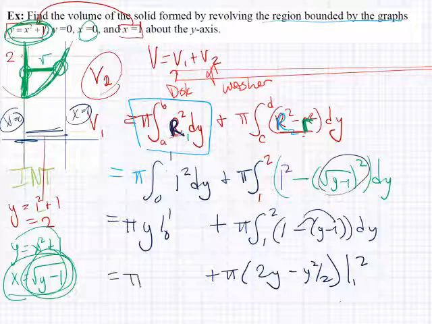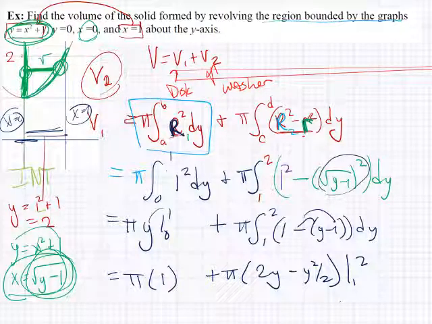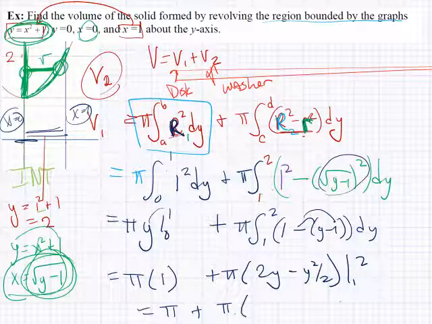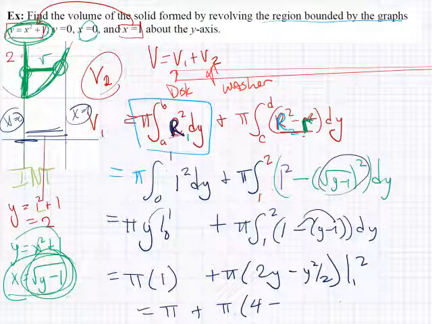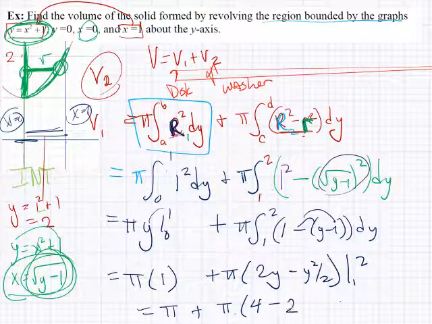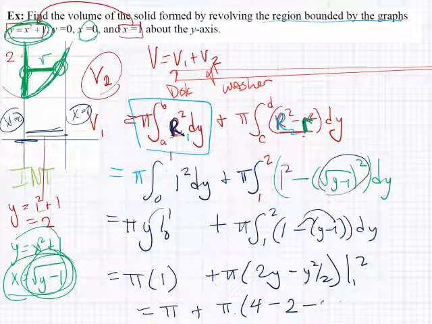So here I get pi times 1, after I plug 1 in. Here I'm going to get pi times, 4 minus 4 over 2 is 2. If I plug 1 in and subtract it, I get 2. Then I'll get 1/2 subtracted with the negative, so plus 1/2.